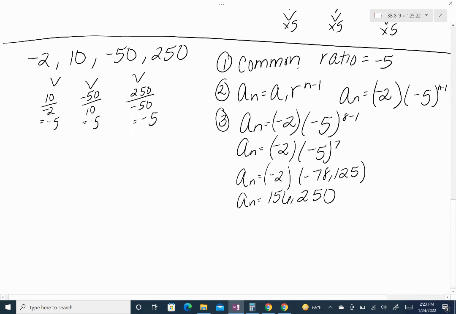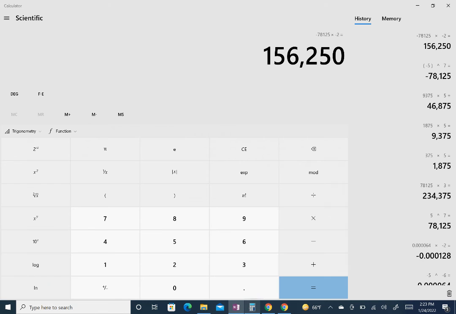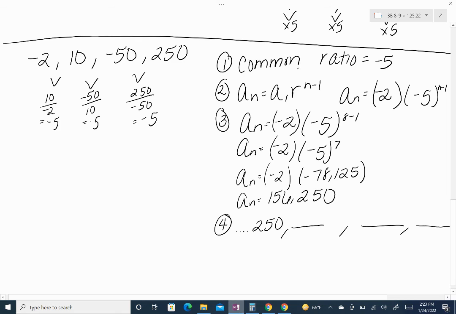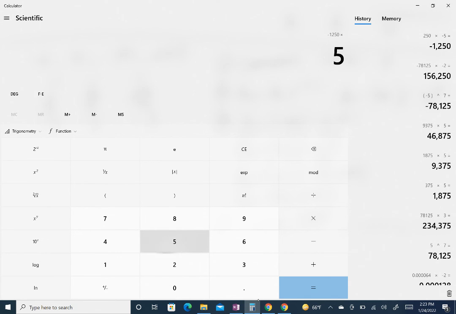Okay, and now the 4th one is just continue the pattern. For the next 3 terms, dot, dot, dot, 250, something, something, something. 250 times negative 5 gives me negative 1,250. Multiply that by negative 5.